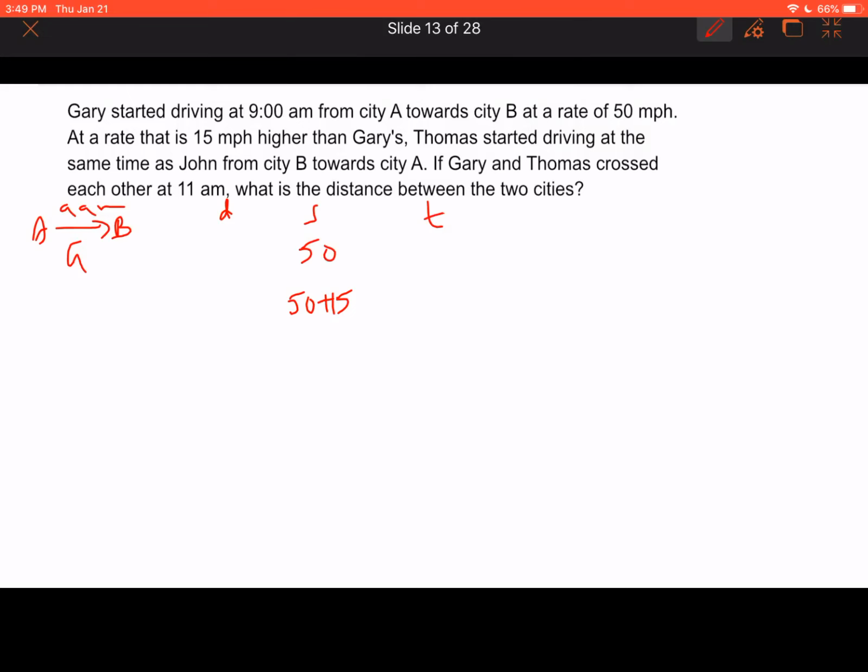Thomas started driving at the same time as Gary from city B towards city A. If Gary and Thomas crossed each other at 11 a.m., what is the distance between the two cities?